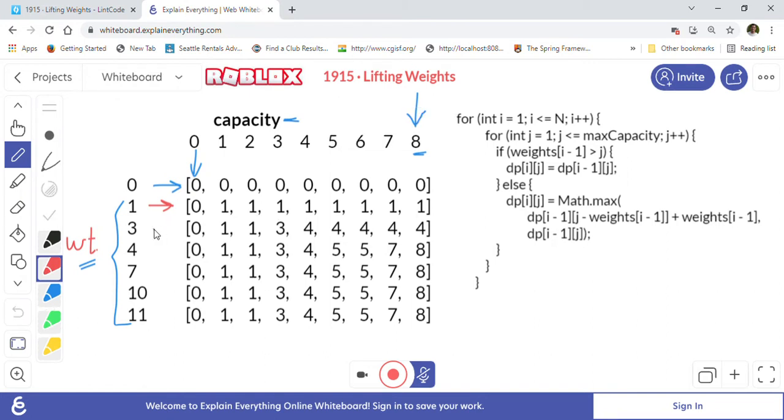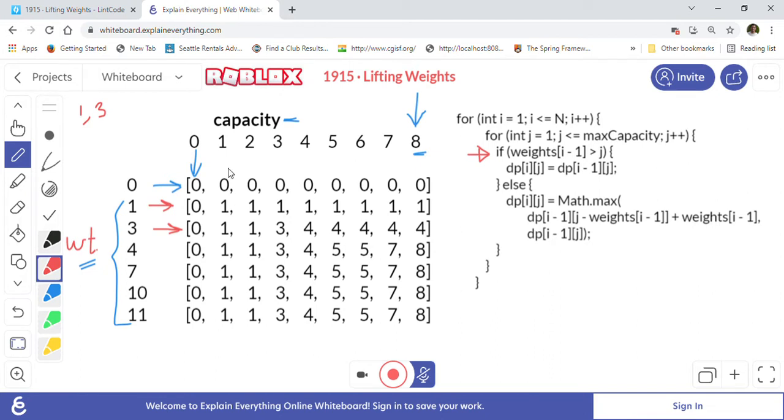Now we will move to the next row. Now we have two weights in our hand, 1 pound and 3 pound. We have to follow this condition, which I am displaying here. If the weight that we have is greater than j, then dp[i][j] will come from dp[i-1][j].